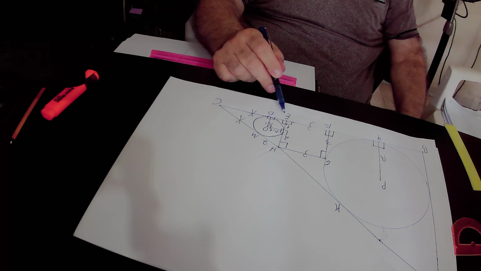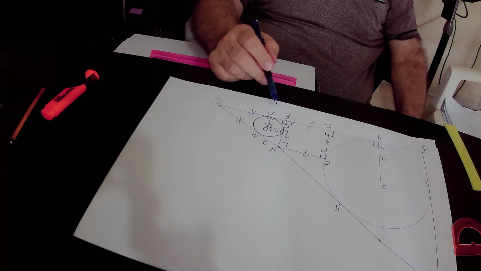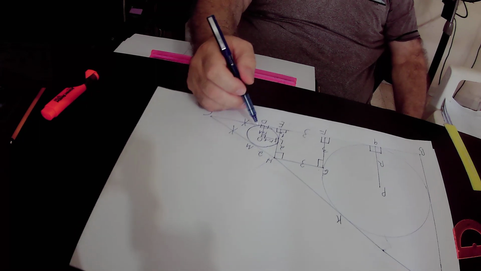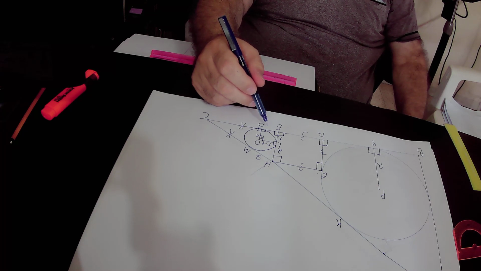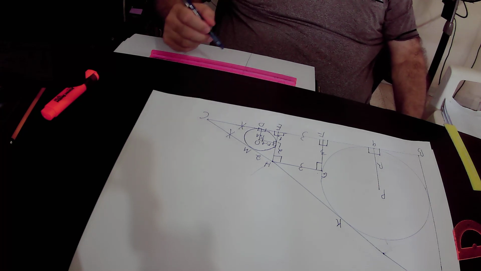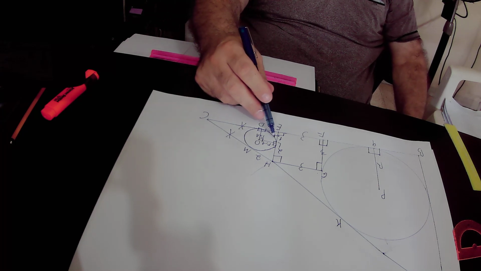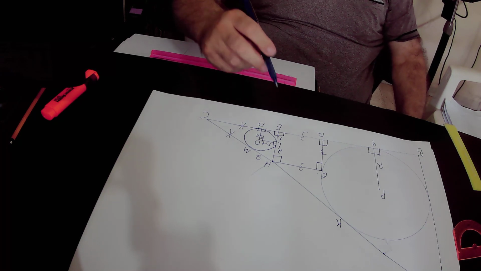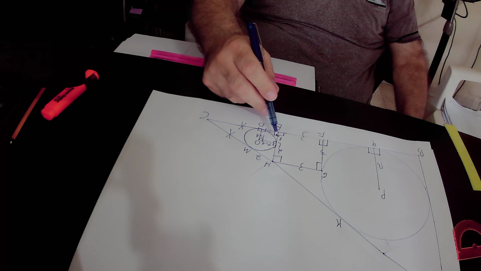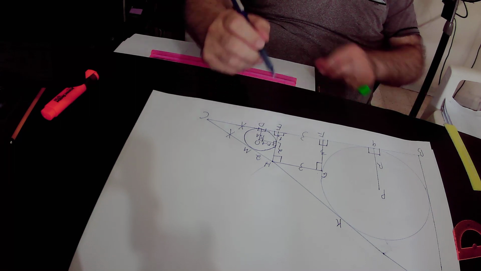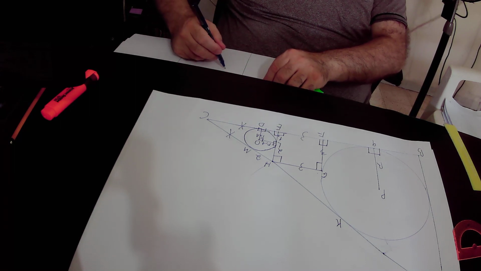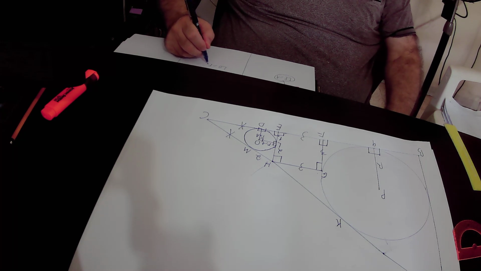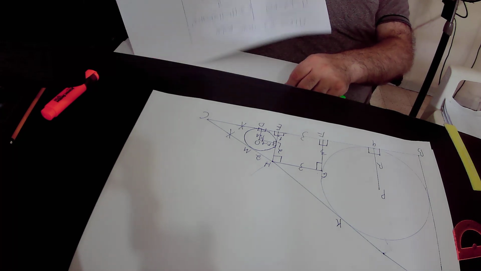Quadrilateral LOED is actually a rectangle because it has 4 right angles. I already wrote that quadrilateral LOED is a rectangle. And we know that the opposite sides of a rectangle are equal to each other. That is to say, LO equals ED.